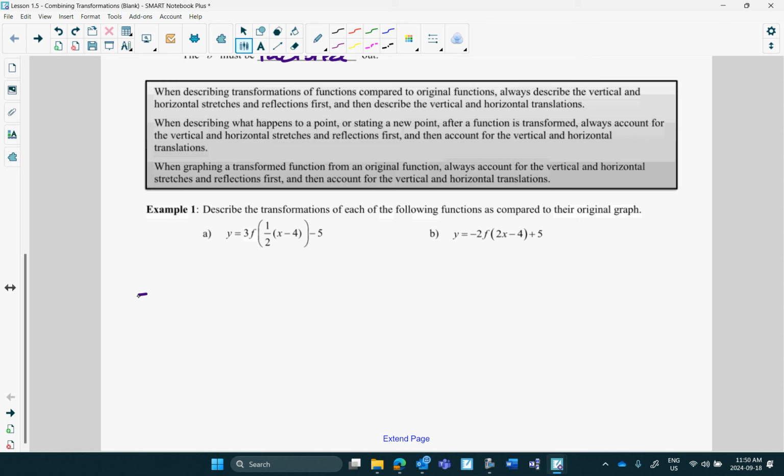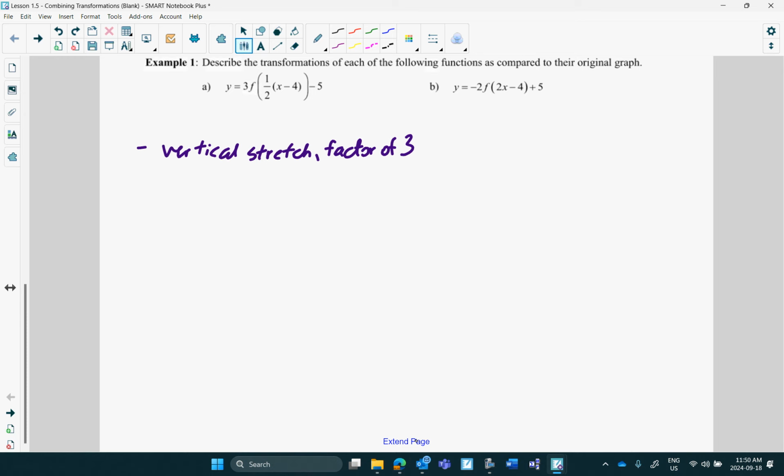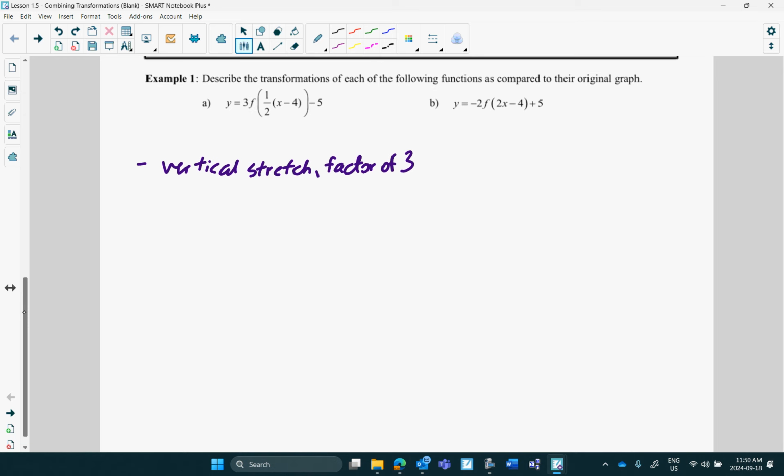That represents a vertical stretch factor of, meaning we multiply by 3. Vertical stretch factor of 3. Okay, so that's done.